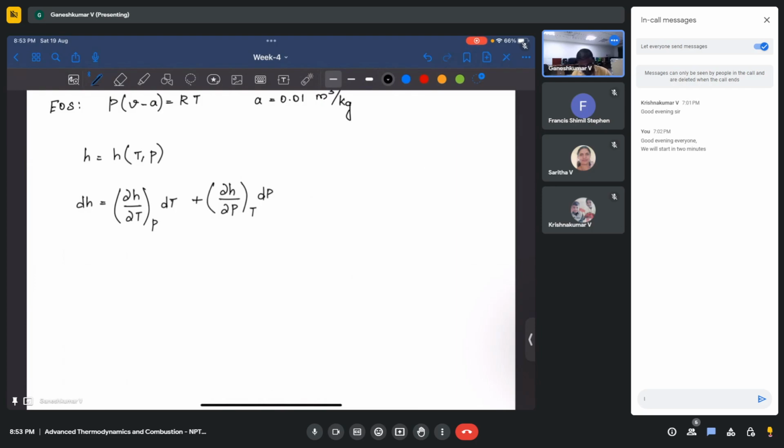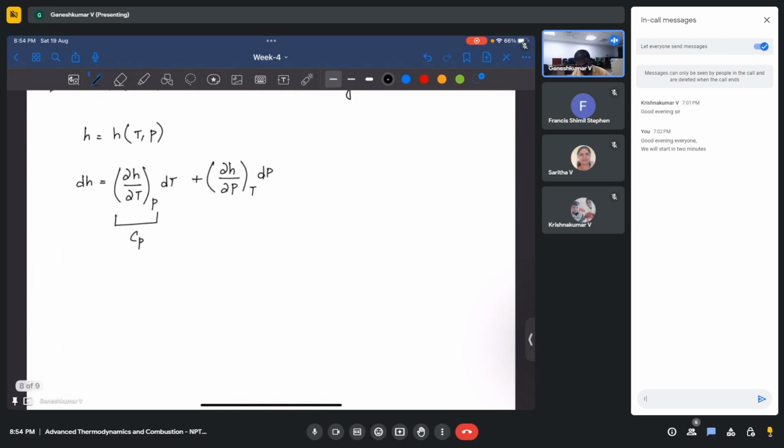Okay, and what we know is, this is Cp, right? That is the definition of Cp. And usually for an ideal gas, for enthalpy at constant pressure, we actually do not have this term, so we will see that for the ideal gas.